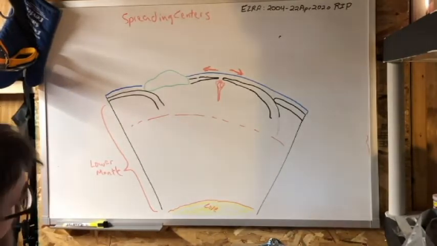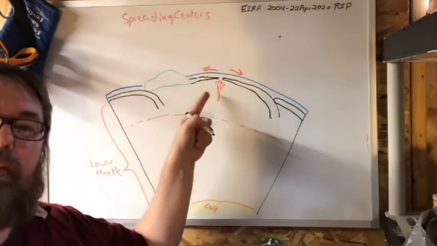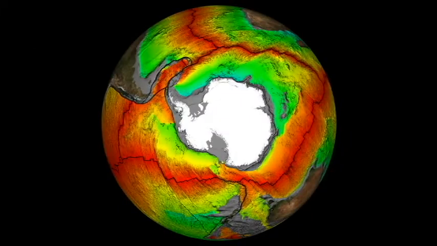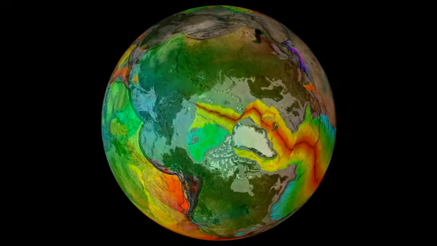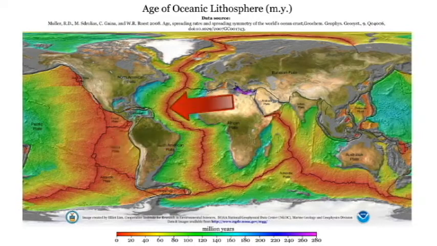But it's important because as new stuff is created, so generally from a spreading center out away from it, as you can see in these USGS diagrams, they're color coded here, you can see that the red areas are along the spreading centers. That's your youngest crust. Red, orange, yellow, green, and blue. Blue is your oldest oceanic crust.